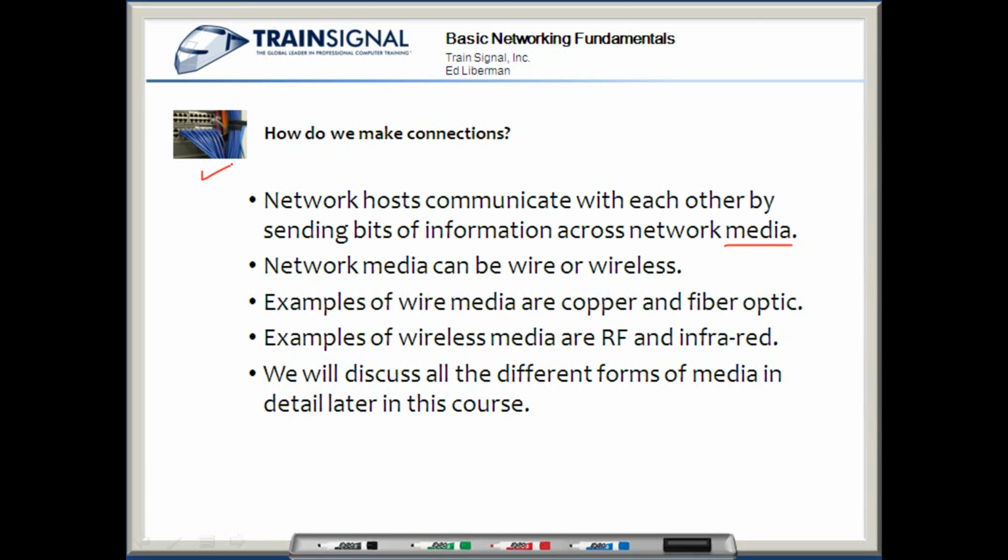And as I mentioned, we will discuss all the different forms of media in much more detail later in this course. The actual wired media we'll get to in the next video, and wireless we'll talk about later on. But for right now, I just want you to understand the general concept of there being something called media to make connectivity between our network hosts.